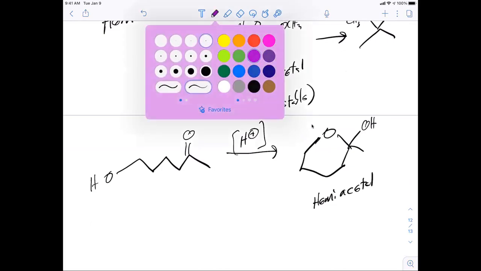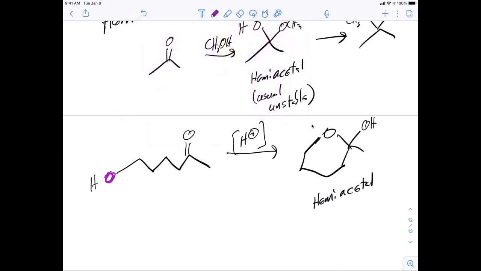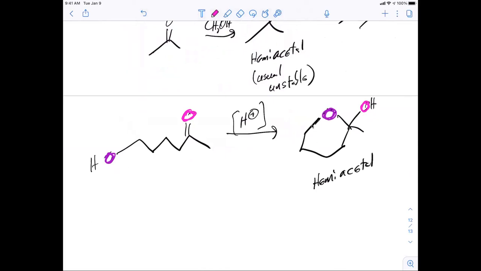And if we color code our oxygens, it might help. This oxygen here is that oxygen. And then this oxygen here is that oxygen, right? So that's coming back around and reacting with itself.